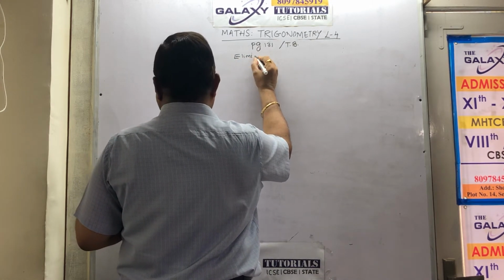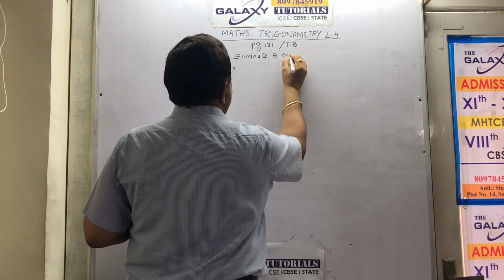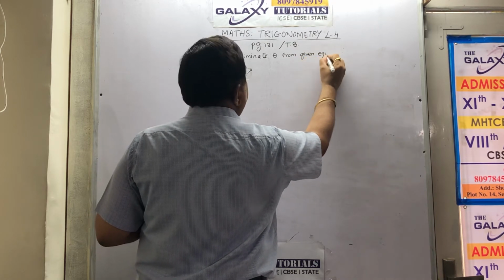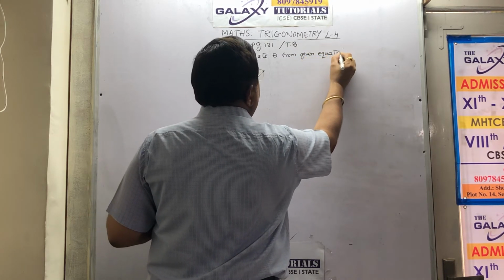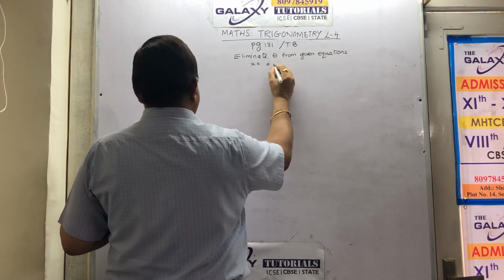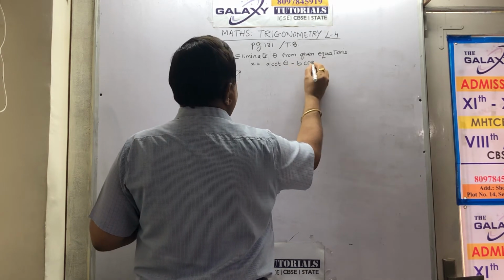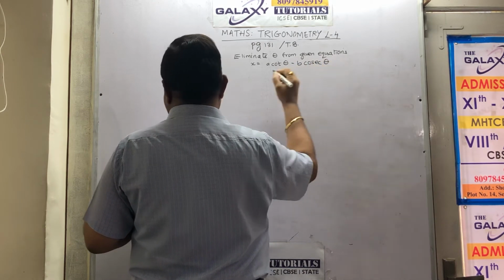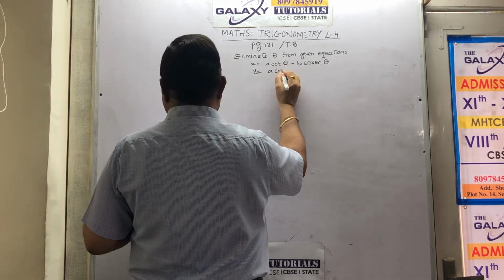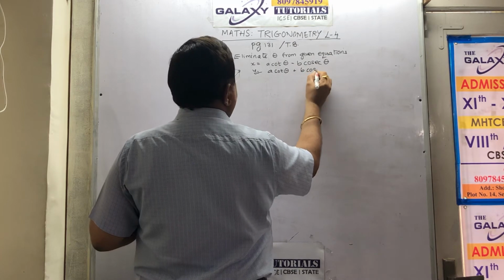Eliminate, get rid of theta from the given equations. Here we don't want theta. What are the equations? X is a cot theta minus b cosec theta, and y is a cot theta plus b cosec theta.